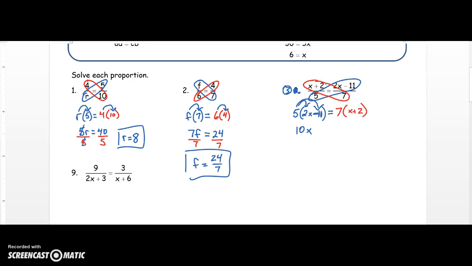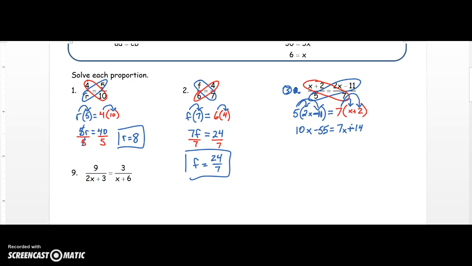So is it positive or negative? So we have 5 times negative 11, we have 10x minus 55 equals. Now let's just distribute on the other side. 7 times x is 7x. 7 times 2 is positive 14, so it's plus 14.